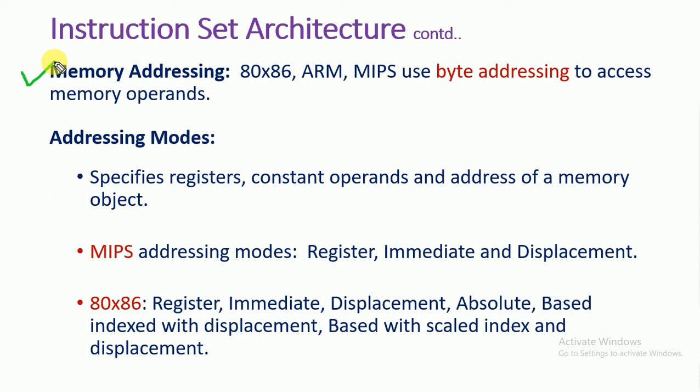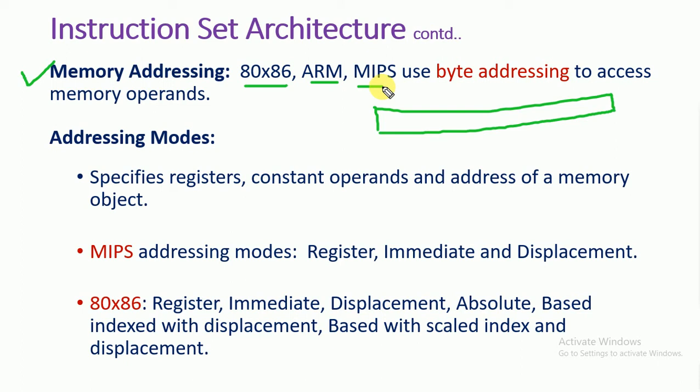If you want to find a particular house, an address will be given like a house number, house name, then the post office, street, etc. Based on that address we will find a particular house. Similarly, if some contents are available within the memory, how will this memory be addressed? Most of the processors like 80x86, ARM, Mips, all of them are using byte addressing to access the memory operand.